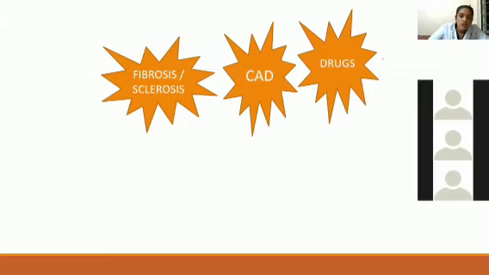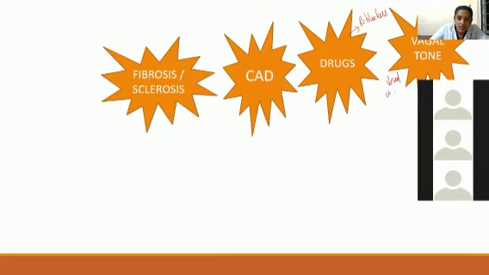Then some drugs: it is not that the first use will cause it, but with continuous use, beta blockers or calcium channel blockers can cause conduction abnormalities. Then decreased vagal tone can increase the PR interval and can cause the AV block.